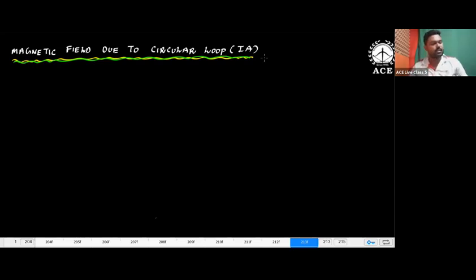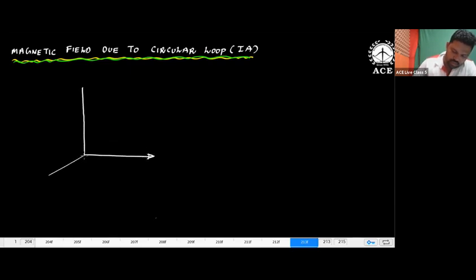Clear? Yes. Now observe here. Let us consider a coordinate system like this. Here it is x-axis, here it is y-axis, here it is z-axis.